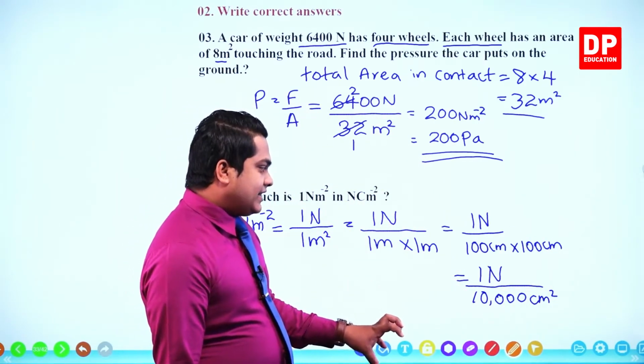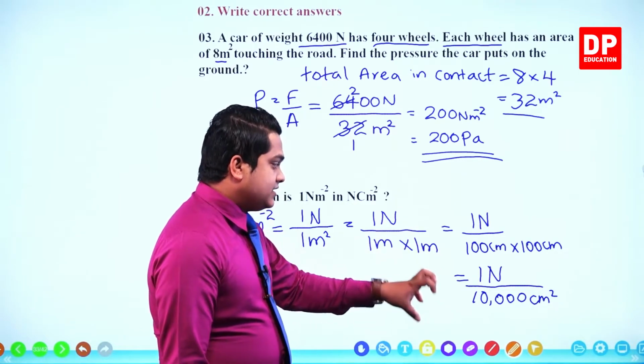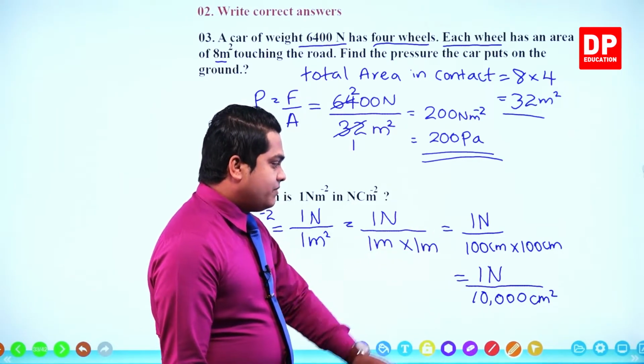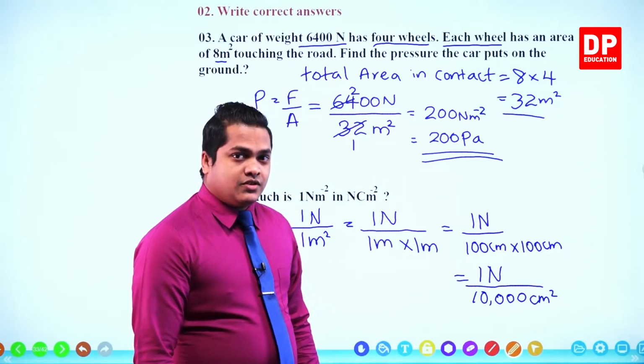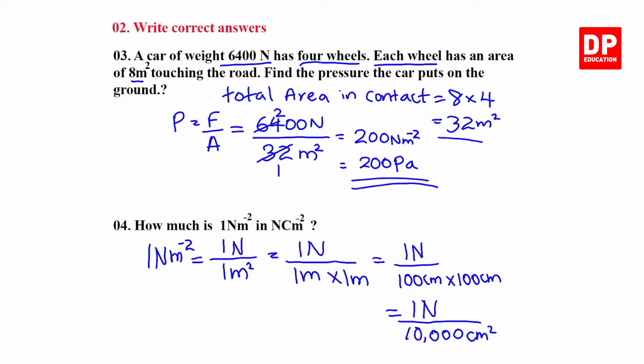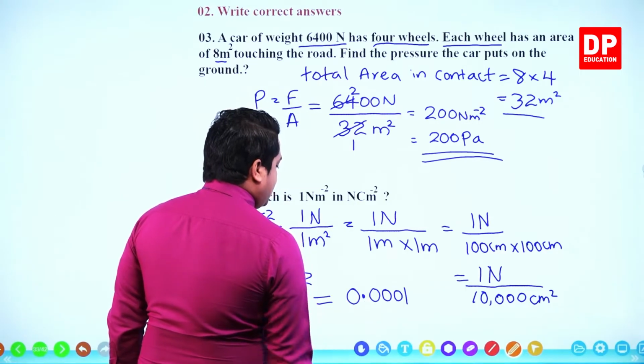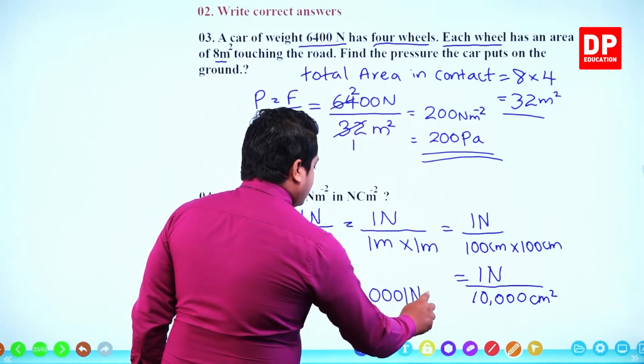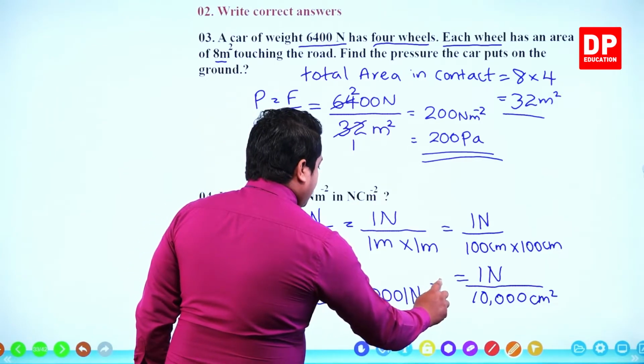Now take the answer by dividing 1 by 10,000. So 1 newton per square meter is equal to 0.0001, right? There should be 4 decimals as there are 4 zeros here. So 0.0001 newtons per square centimeter.